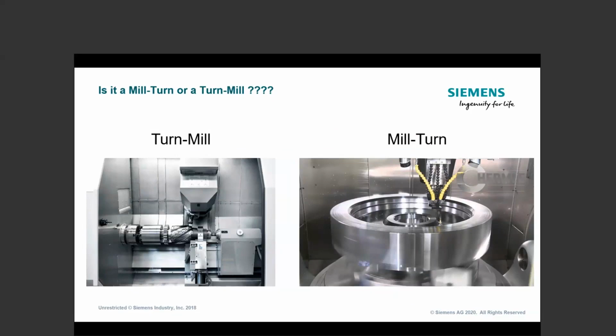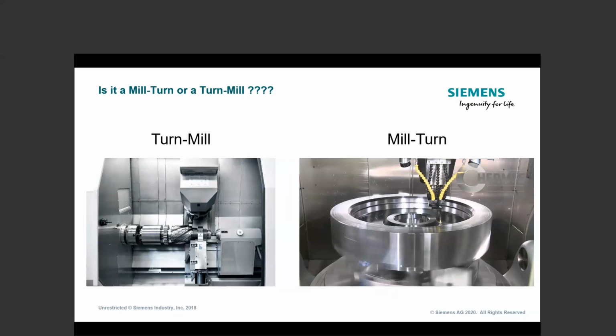Well, at Siemens, we're a little different, because where a lot of controls were limited to handling this type of technology in just their turning control, we said we can add milling to a machine whose base construction is actually a lathe, and that's the technology we're looking at today, or we can add turning to a machine that was really a milling machine. Since we support both variants, we refer to a turn mill as a base lathe. So the base technology would be a turning system that has milling capabilities.